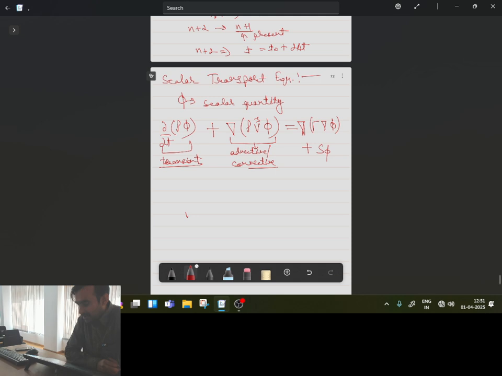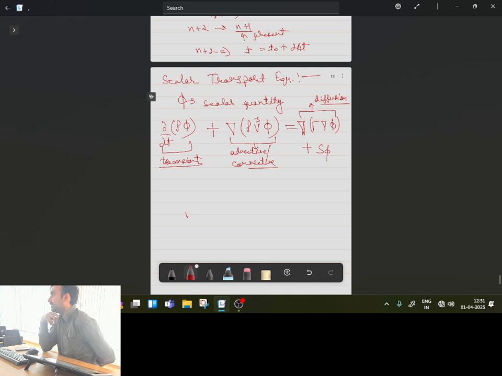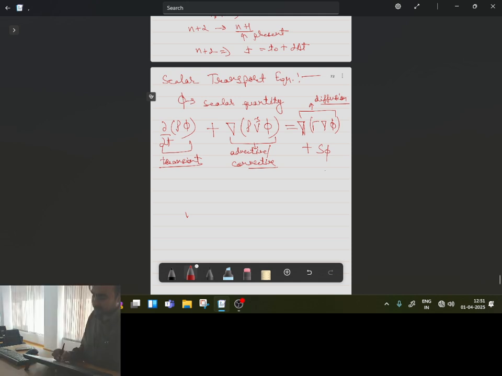Variation in phi with the flow. Okay. The third term is the diffusion term. This is variation of phi inside a static fluid medium. And the last quantity is called the source term.